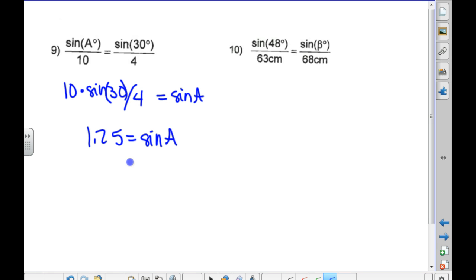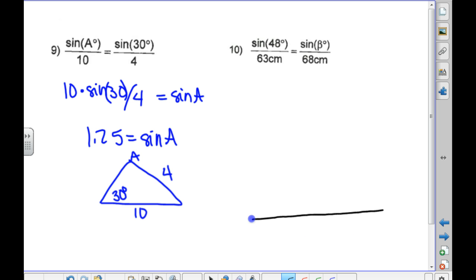Again, what was going on here is that we had an angle A across from some side that was 10, and we had a 30-degree angle across from some side that's 4. Now, this is hard for students to figure out why this can't work. Let me try to show you by drawing something somewhat proportional.